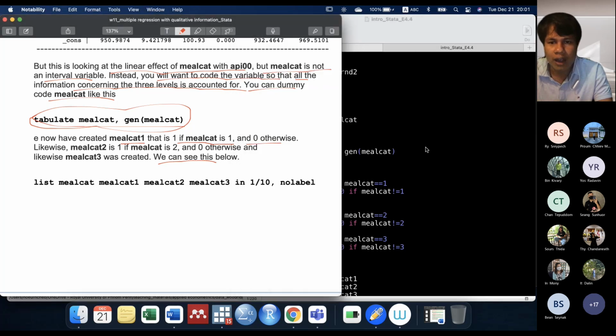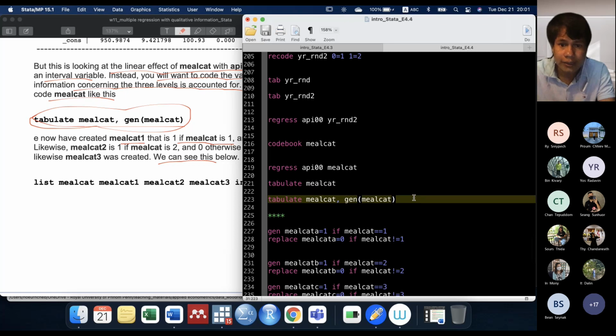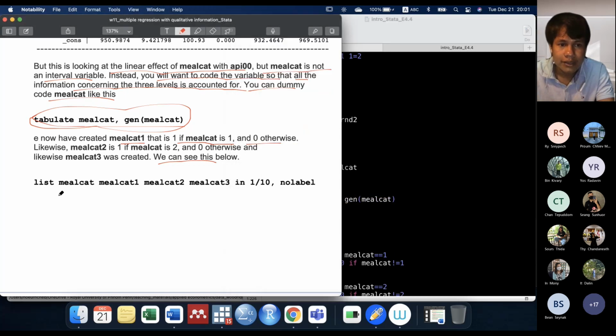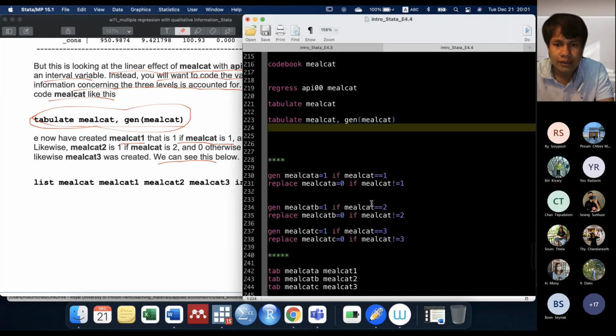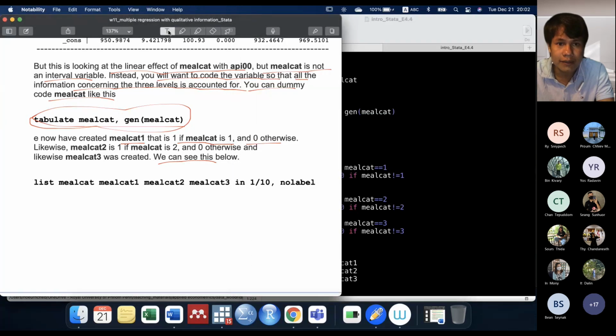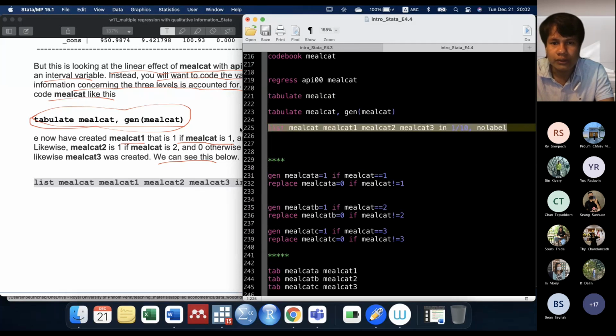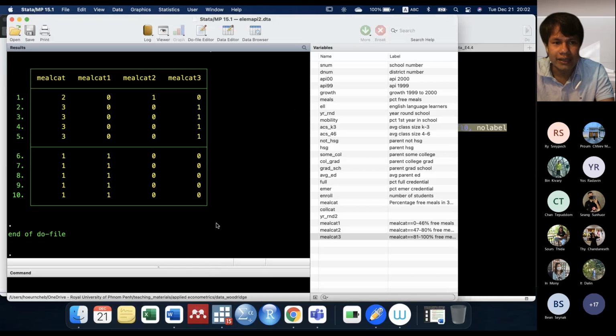You copy this, copy this, and run it. Nolabel means they should show in value. Run. We have a look at the data.